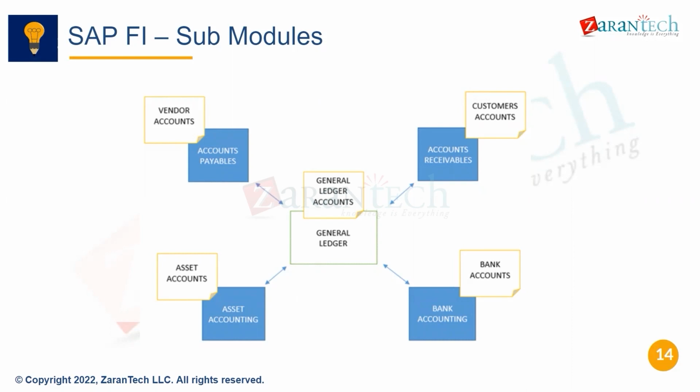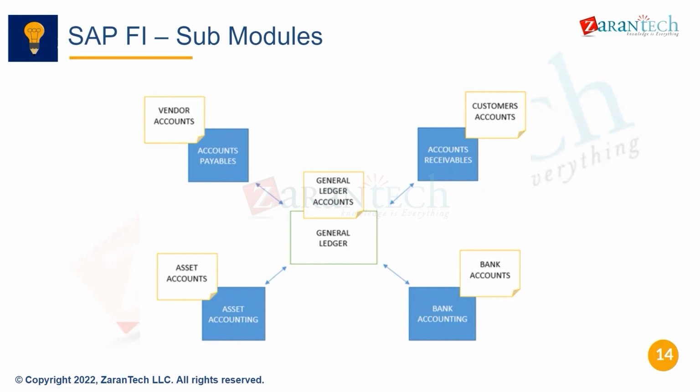We might have foreign vendors and domestic vendors, and the payments would be different. And also there might be several other procurements related to direct procurement or indirect procurement, and it will have the integration with the materials management module. So we'll learn all these topics in accounts payable.